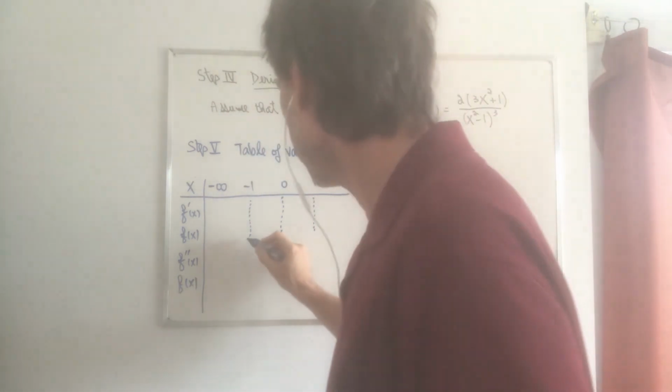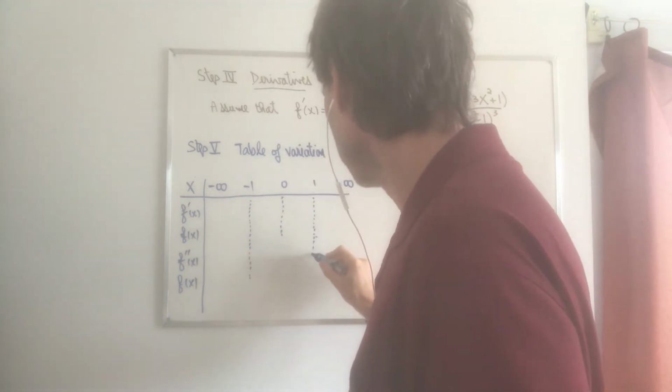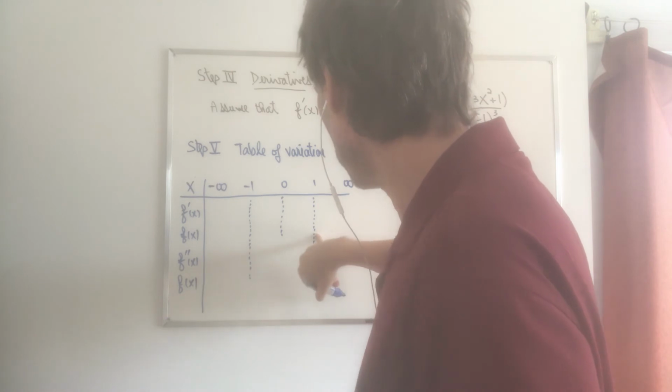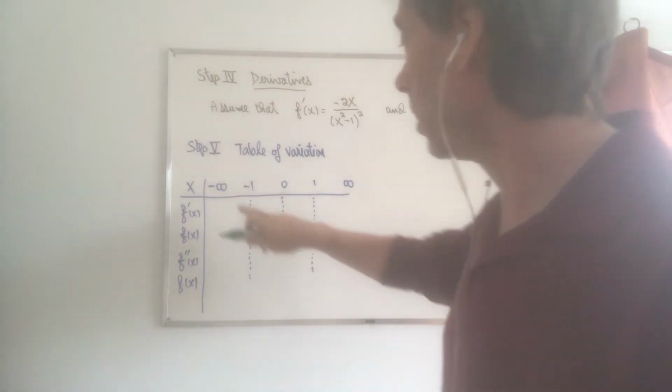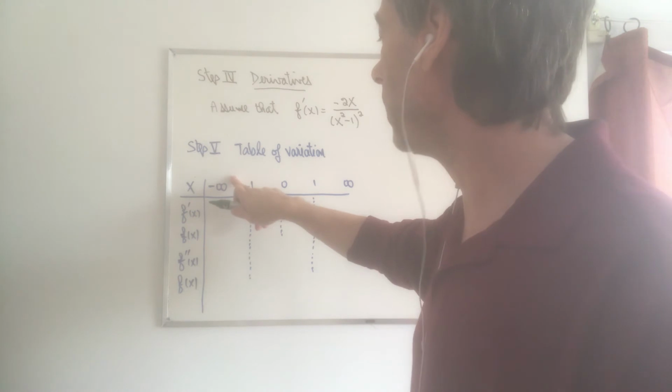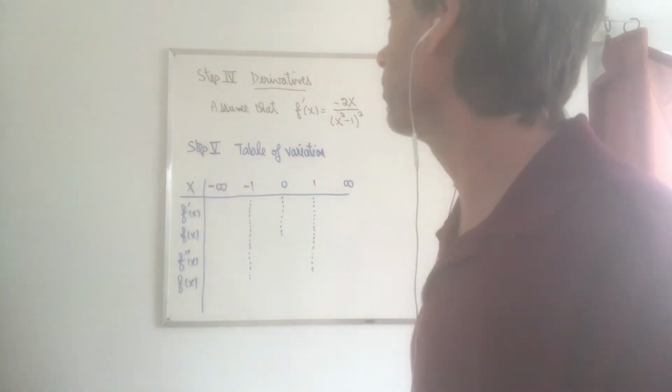And for f double prime, we also had -1 and 1, but we didn't have 0. So we're going to make one table, like we did before. And now what we're going to do is just put in some numbers in there. Let's pick a number between -infinity and -1. Let's pick -2, and let us put that into f prime.